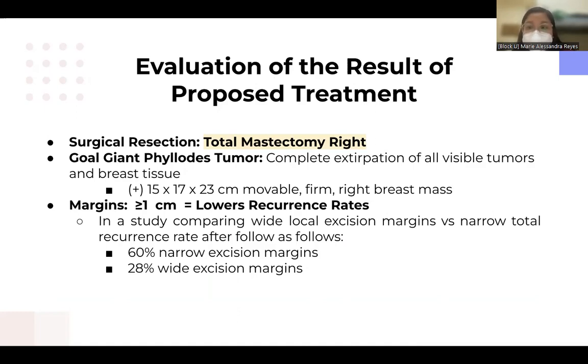And the margins should be greater than or equal to 1 cm, since it is supported by studies that wide local excision margins versus narrow excision margins lower the recurrence rates. In one study, there is 60% local recurrence in narrow excision margins as compared to wide excision margins with only 28% local recurrence.